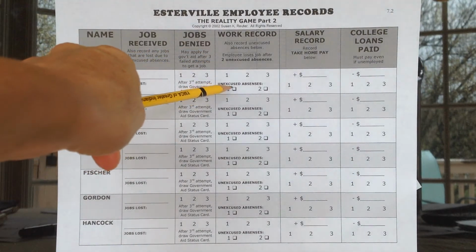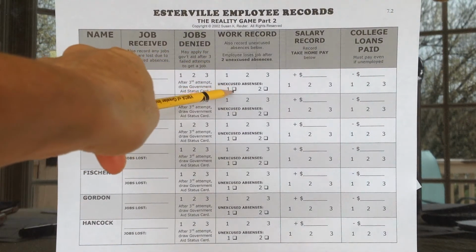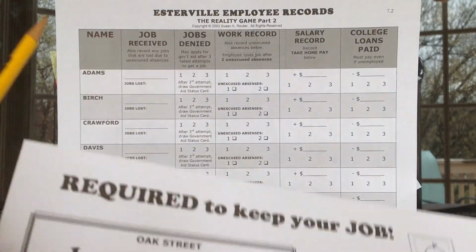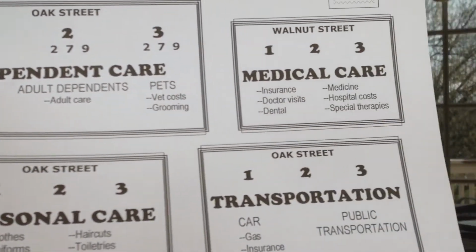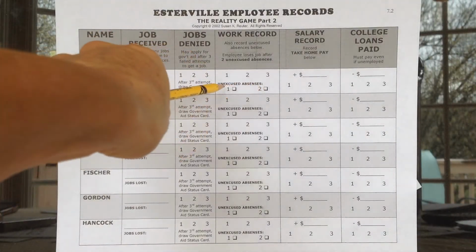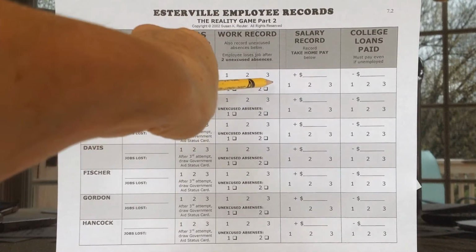If that's the case, then you would put an X through this box for number 1. If 2 of the needs on this side of the game board are not met for that month, you would actually put an X through the 1 and an X through the 2.